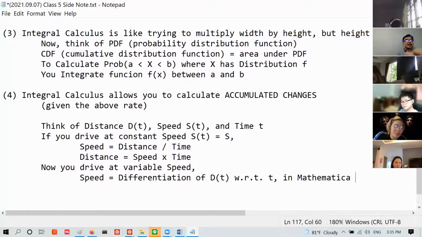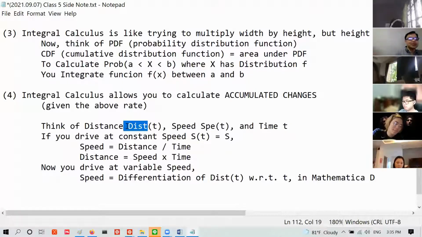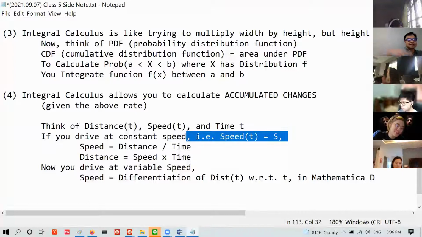If you drive at constant speed, this is what you get.